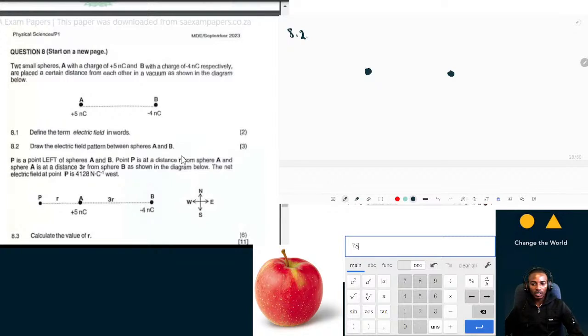And we know since those two charges have different signs, they are going to attract each other. And we know that electric field lines go from positive to negative. Therefore, this is our positive.